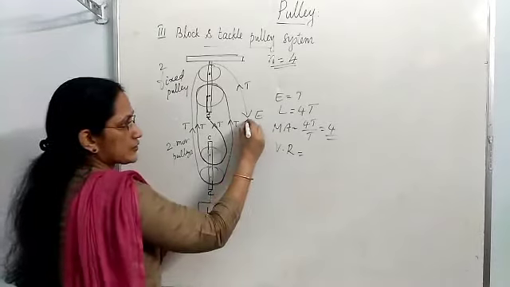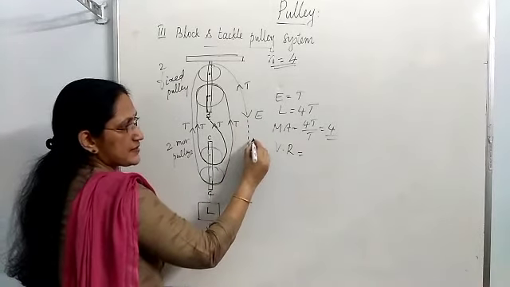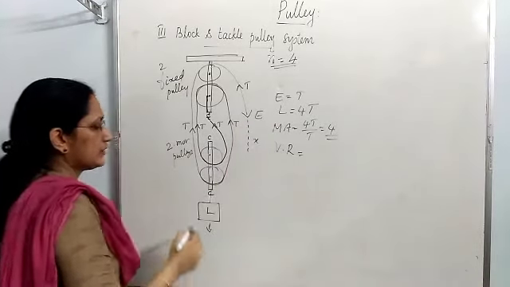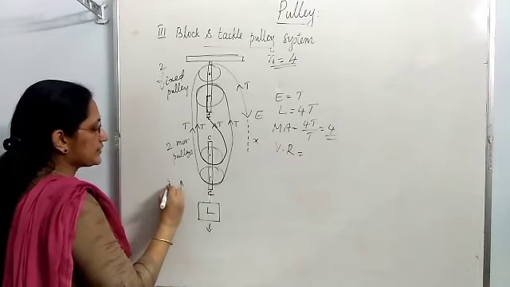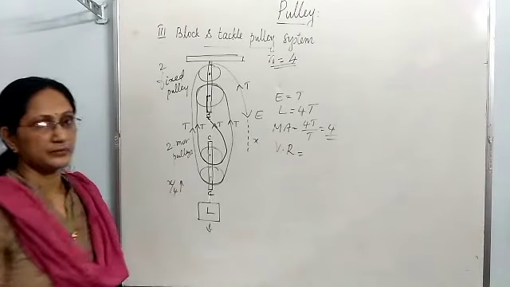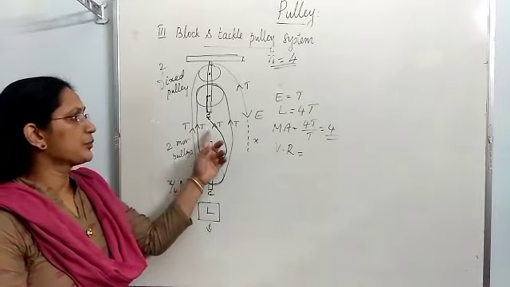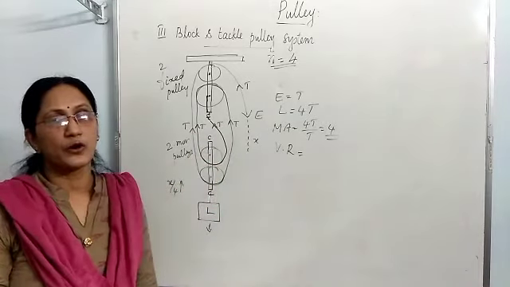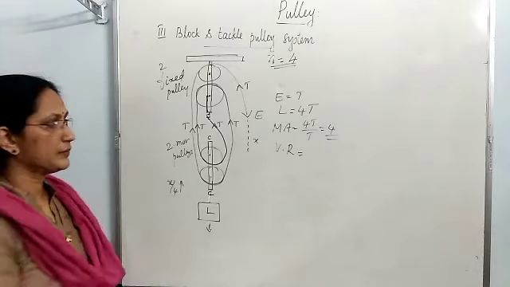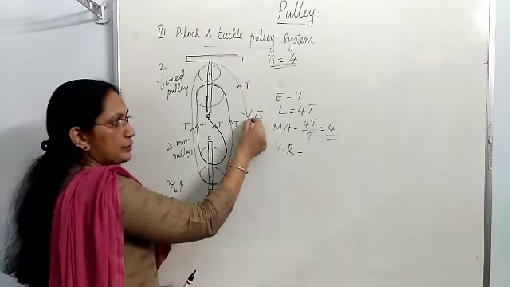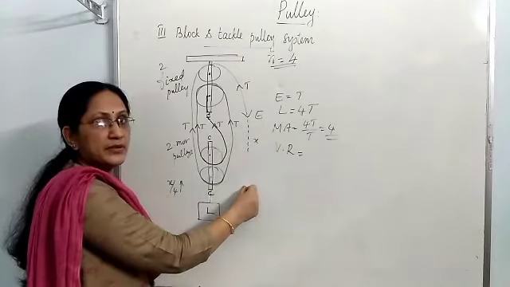Suppose you are pulling this rope down by a distance X. The load will go up by a distance X by 4 only, because the load is held in position by 4 rope segments. I mean, suppose you are pulling this rope down by 40 centimeter.